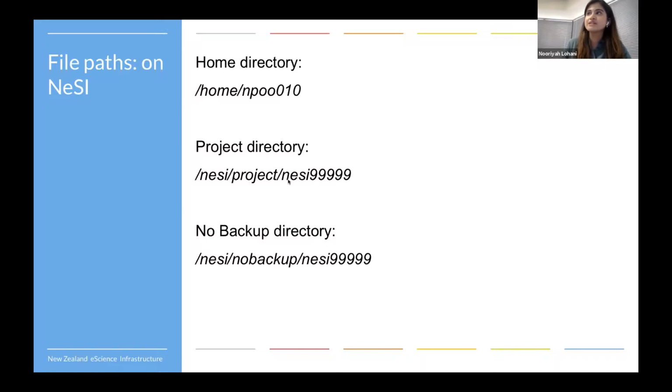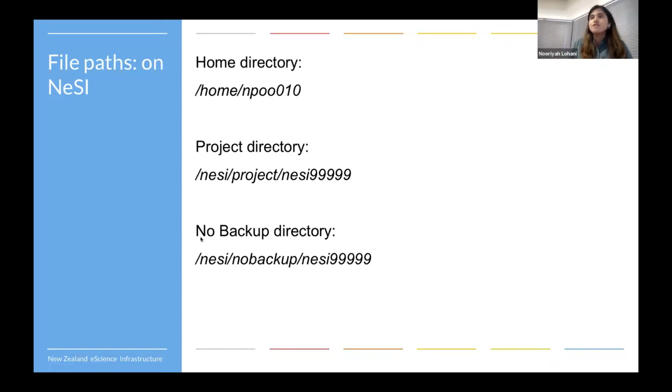My project ID here is Nessie 99999. Yours would probably be your institution and a set of numbers. So if I want to navigate into my project directory on Nessie, once I log in, I'd change directories and go to Nessie, project, and then your project ID that you would have gotten after your allocation has been accepted.